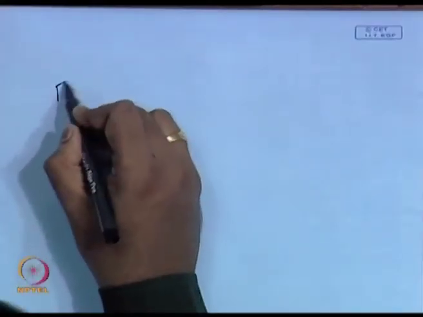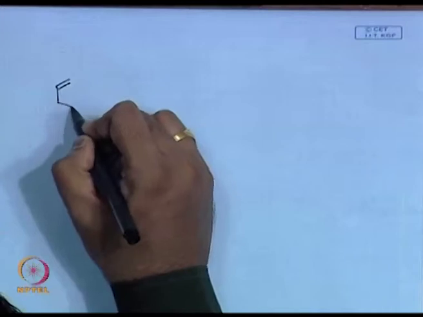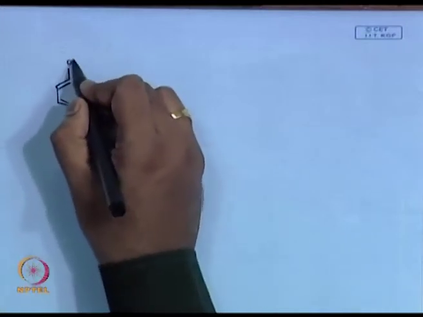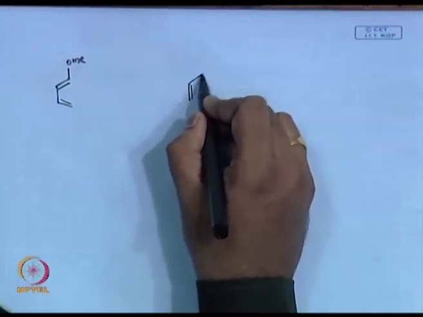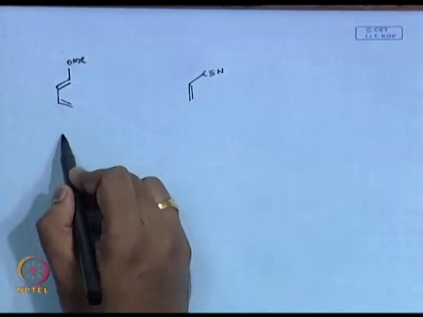Okay. It is very easy, you can see from the mesomeric structure of this, you can understand them. Okay. For example, I have this system. Okay. Just we can write the mesomeric form of it.